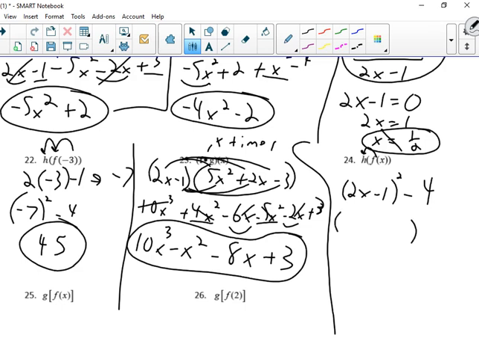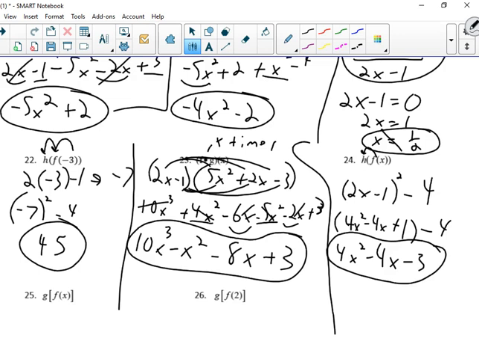You square the first term. It's kind of like soap, really. It's very similar to what we do with soap. So we're going to square the first term, 4x squared. We're going to multiply and double, a little different from soap. So negative 2x double is negative 4x, and then square the last, plus 1 and minus 4. So that's going to give me 4x squared minus 4x minus 3.